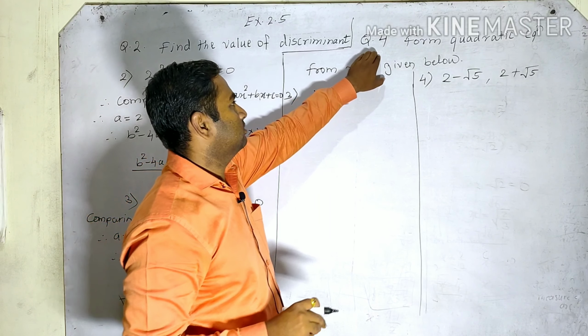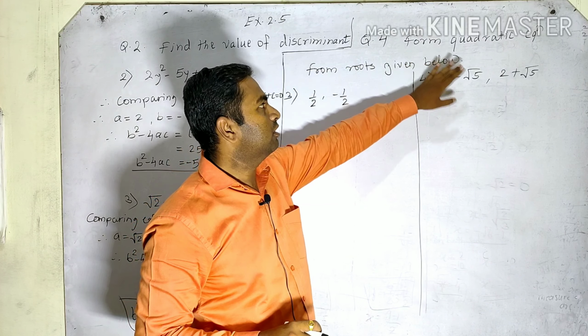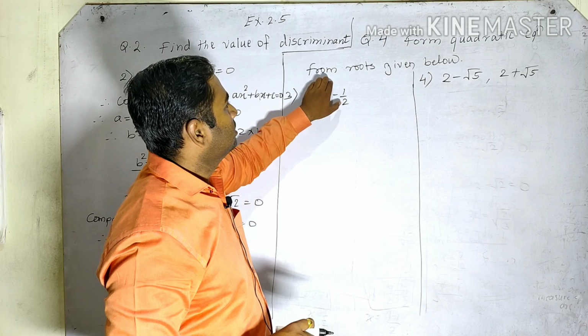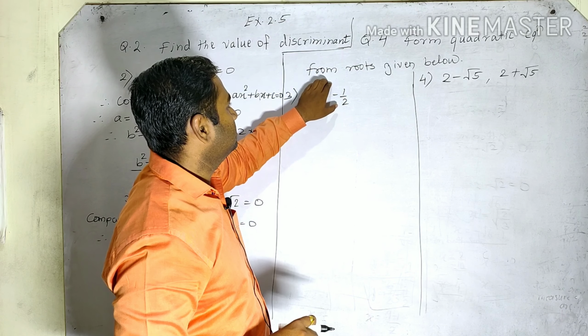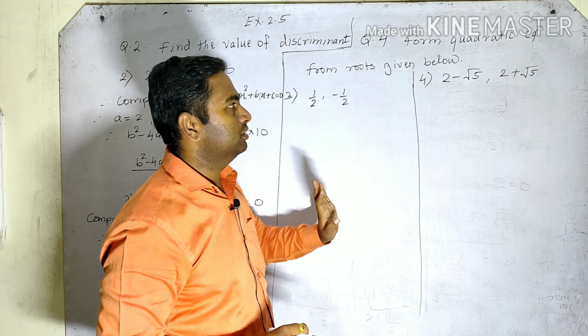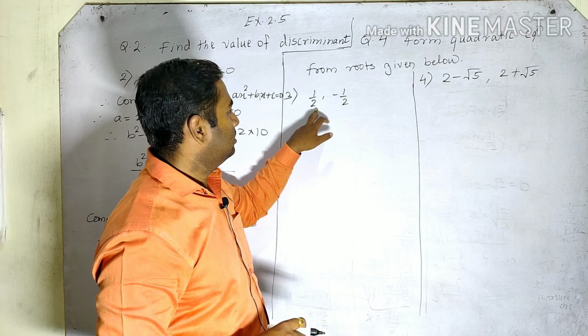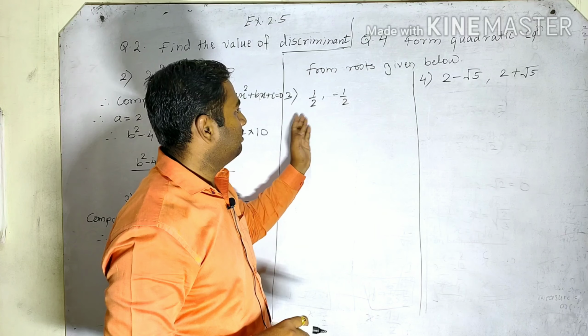So we take next question, question number 4, form quadratic equation from roots given below. Okay, so they give the roots alpha and beta.